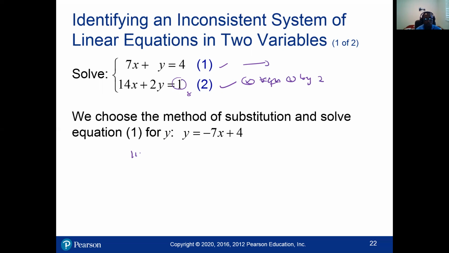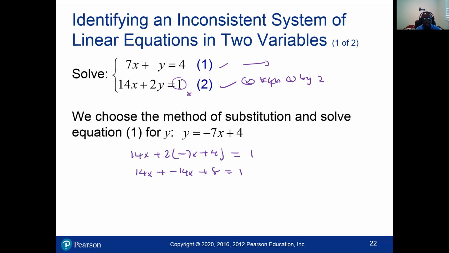So we have 14x plus 2 times y, which is minus 7x plus 4, equal to 1. You distribute, and 2 times minus 7x gives minus 14x, and then plus 8 is equal to 1.